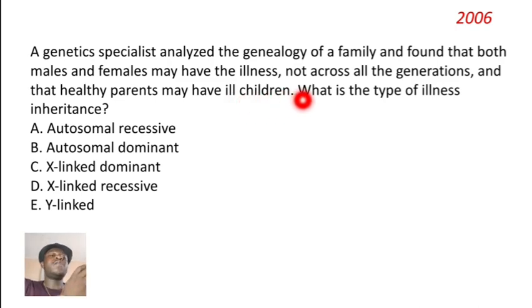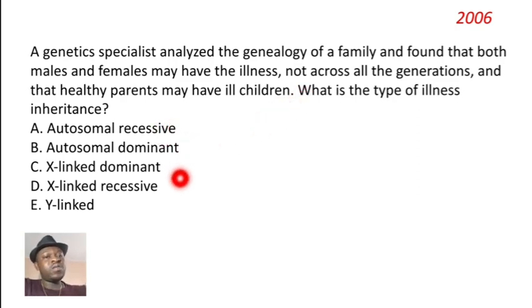If the condition is not affecting all the generations, it means it's recessive. It's not dominant, right? If it is dominant, it affects all the generations. Because the other children don't have this condition, it means it's recessive. So the correct answer is autosomal recessive.